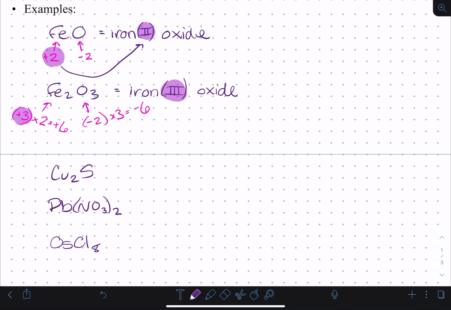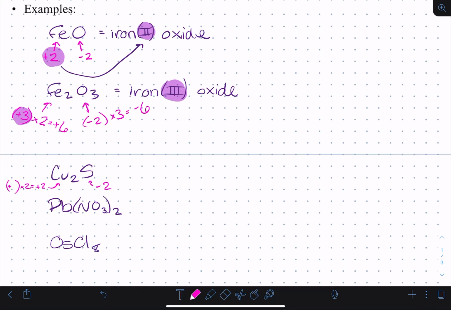So in the first one, again, once we recognize that this is an ion that can have multiple charges, we need to figure out which charge is present in this compound. So copper is a transition metal, it's in the middle portion of the periodic table. Sulfur is in the same family as oxygen, so this likes to have a -2 charge. Means that all of my coppers together need to total +2, and whatever the charge is, there are 2 of them.